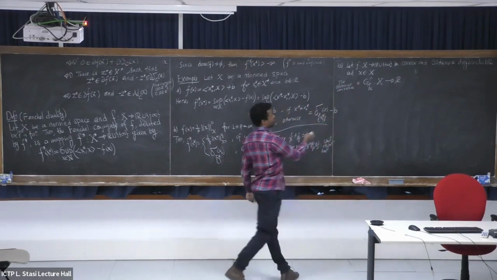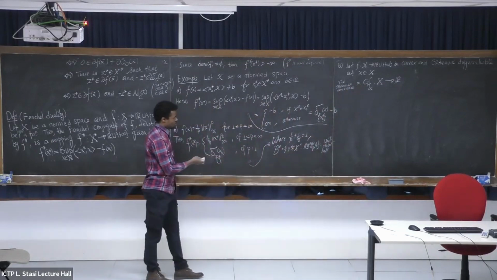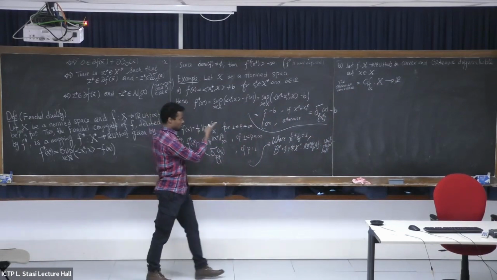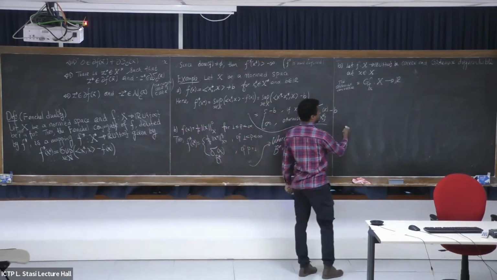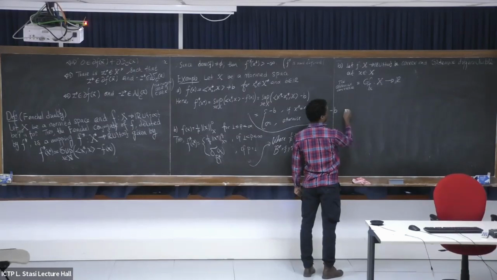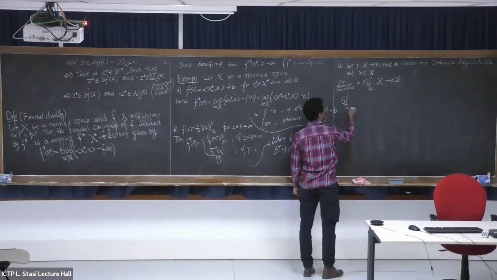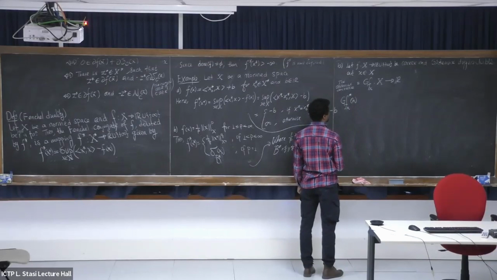But what is the Fenchel conjugate of this Gateaux derivative, right? What is h? What will be this?